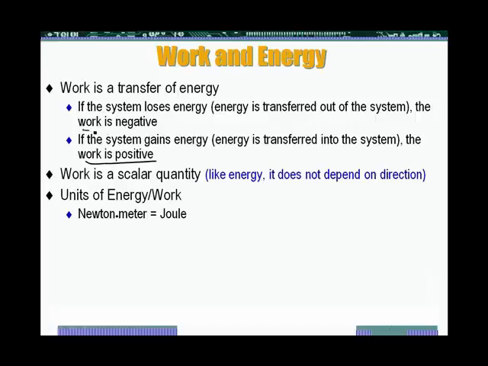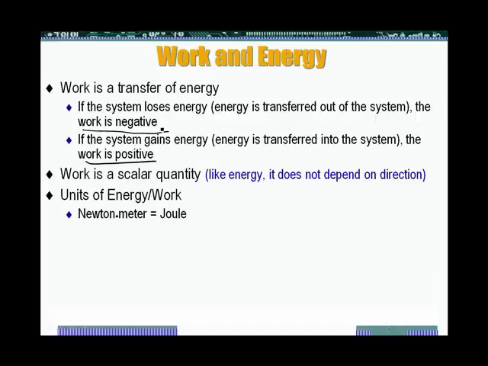An example of negative work is the work done by the friction force. For example, if something is moving while slowing down because of friction, then the work done by the friction force is taking energy out of the system. So it is negative work.